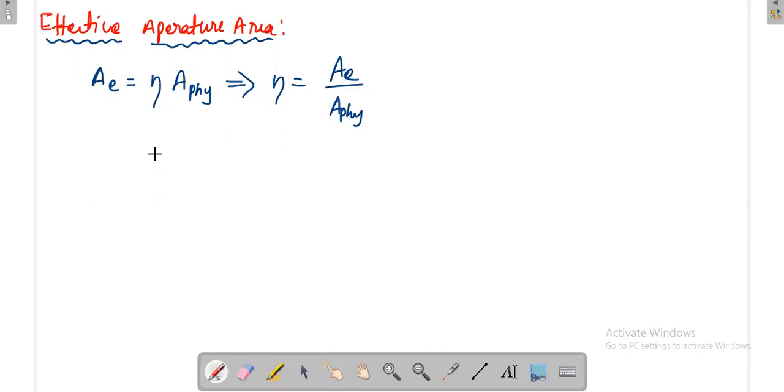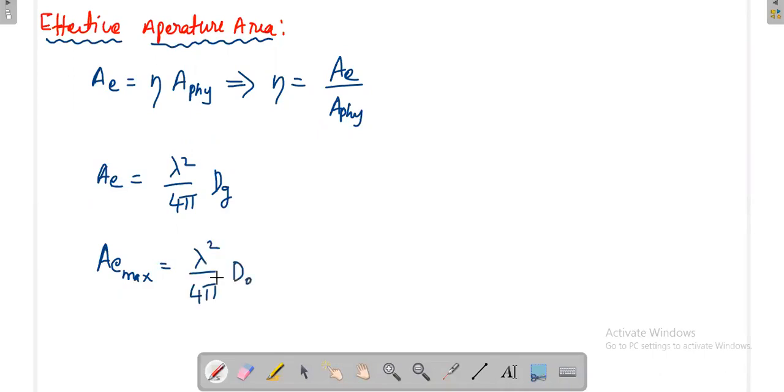Then finally, I told you the directivity and effective aperture are related with each other. Okay, so effective aperture area is equal to, in general, lambda square divided by 4 pi directive gain. DG means directive gain, or otherwise, if you want to know what is the maximum effective aperture, that is lambda square divided by 4 pi d naught.